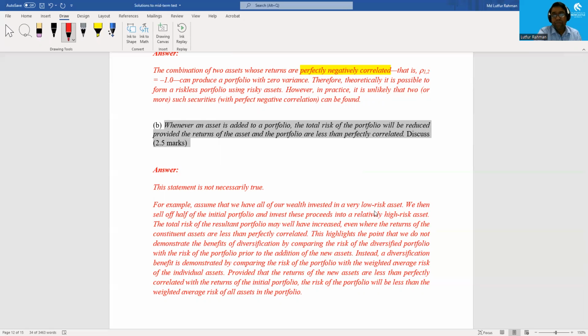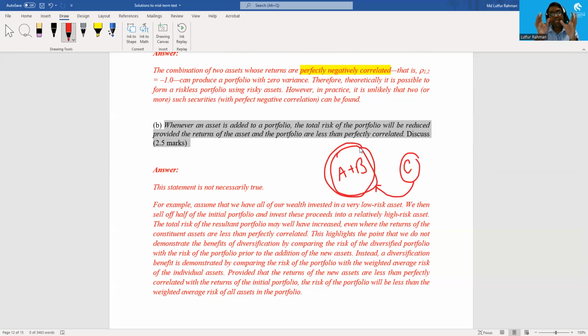Let's say that you have a portfolio and it has two assets already, A and B, and you have a third asset, C. The question is telling you that if this C goes into this portfolio, the riskiness of this portfolio will decrease.